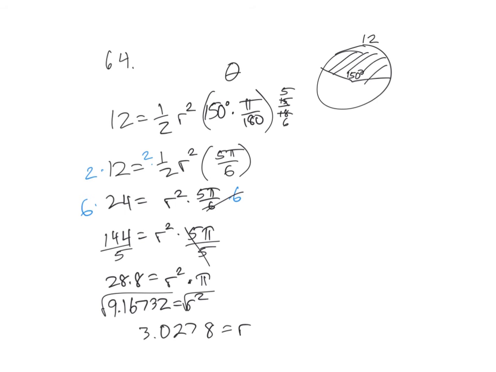Okay, now we get to 69. Okay, I think this is supposed to be 68. And from what I can tell by some of the papers that have been turned in, our theta is 5 pi over 12, and the area is 20 meters squared.